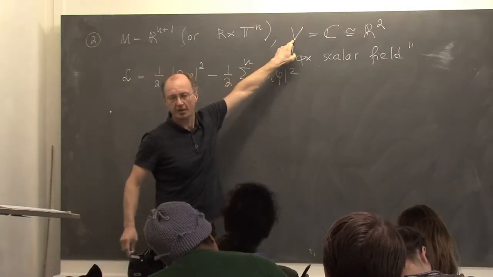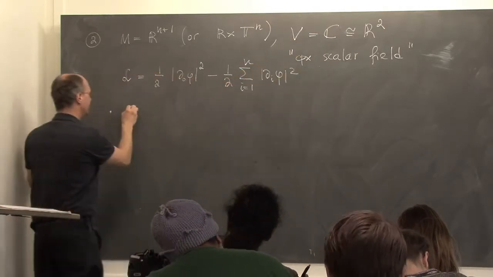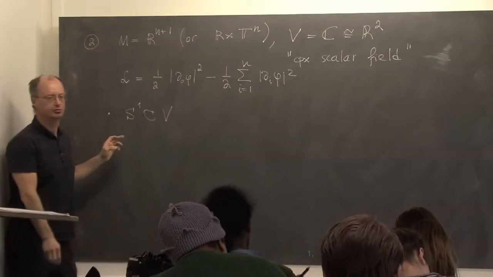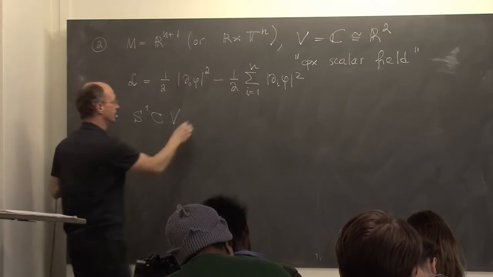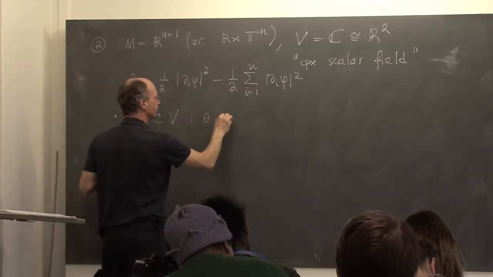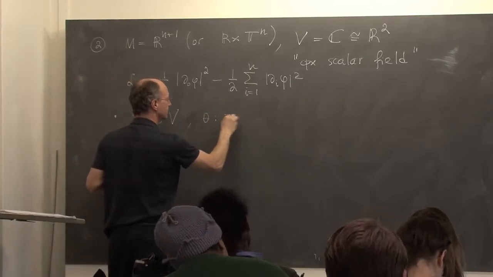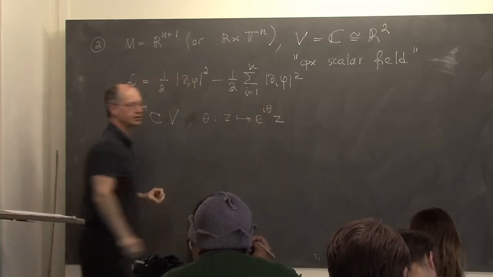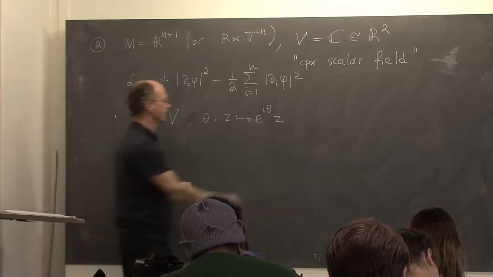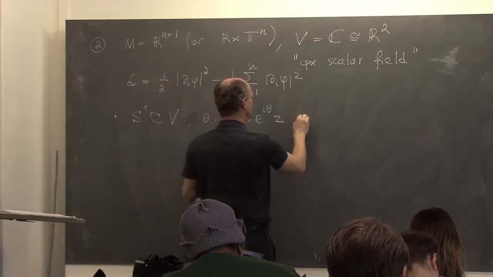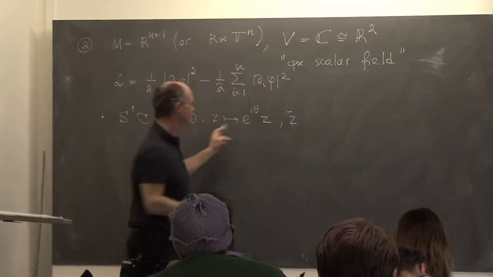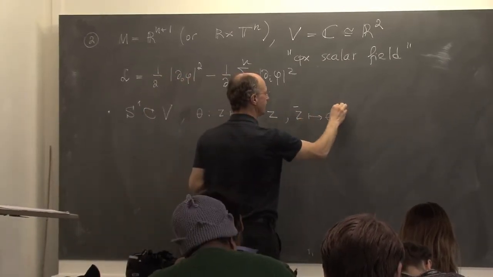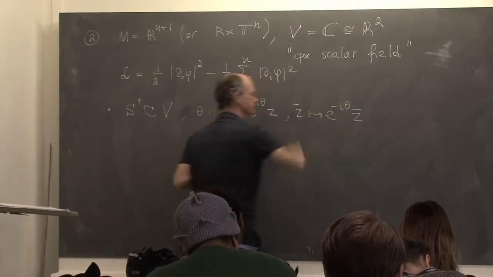I'll start with a group action on V, and that's something that we saw a lot in our symplectic geometry course. So we look at the action which simply sends the coordinate z to exponential i theta z. And of course, for the complex conjugate coordinate z bar, it will be sent to minus i theta z bar.